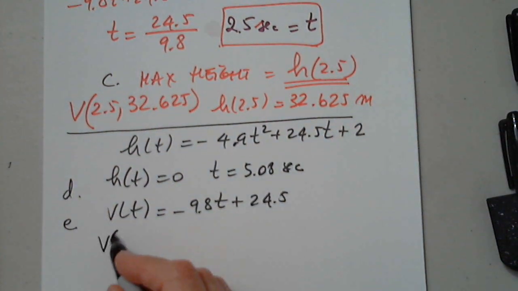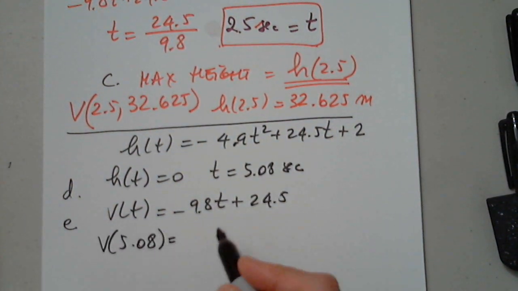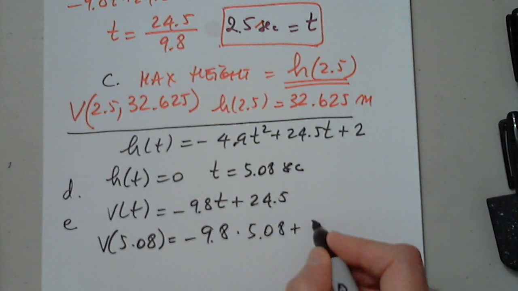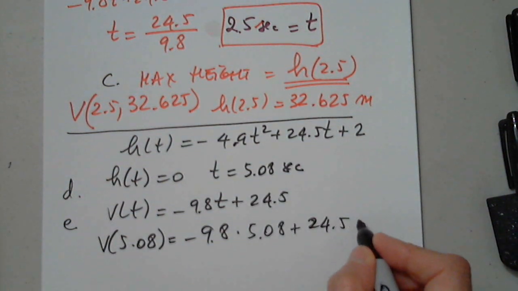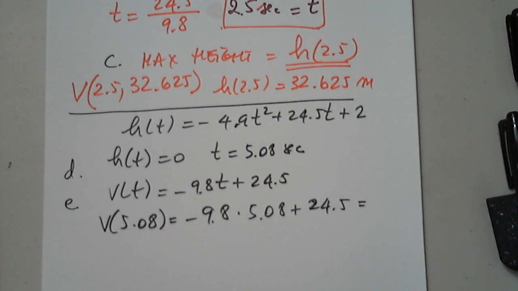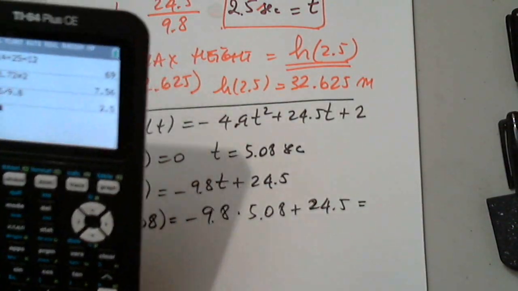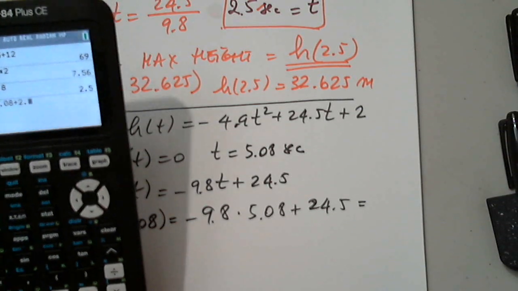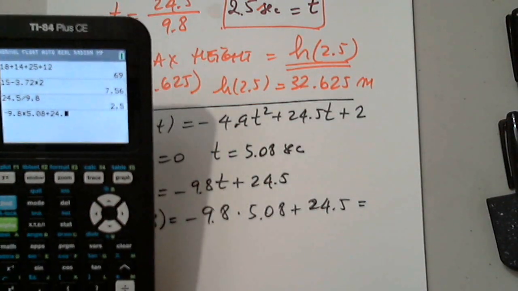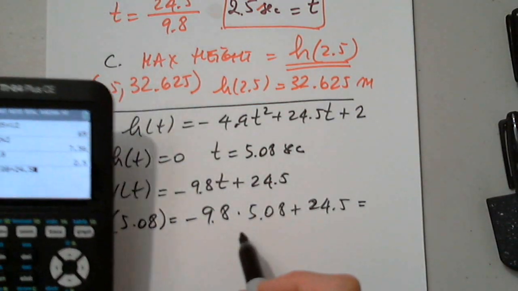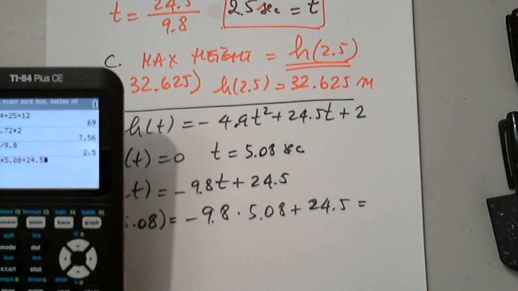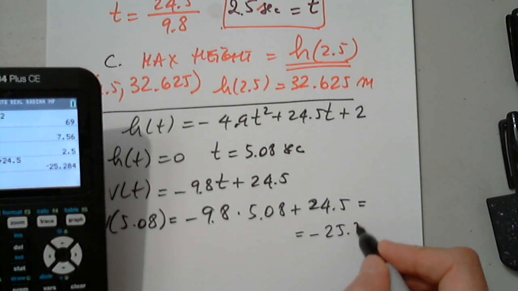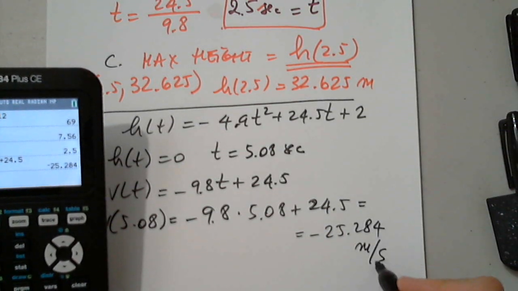Of course, v of 5.08 is negative 9.8 times 5.08 plus 24.5. I always like to put in the function, but in this case, it is negative 25.284 meters per second.